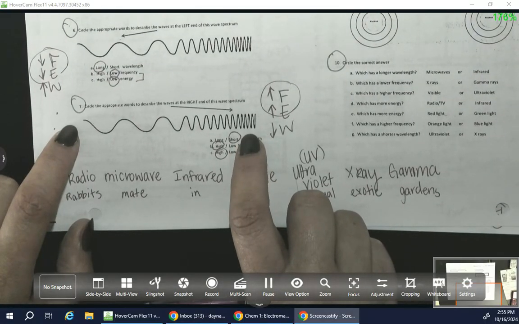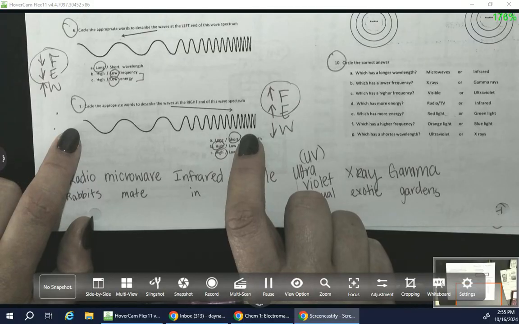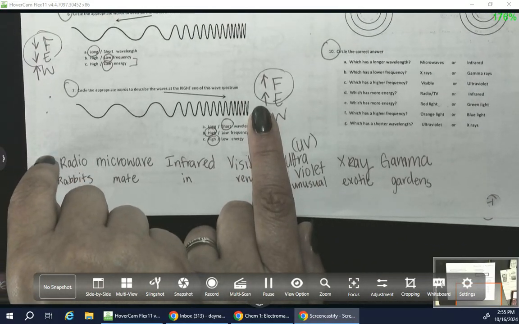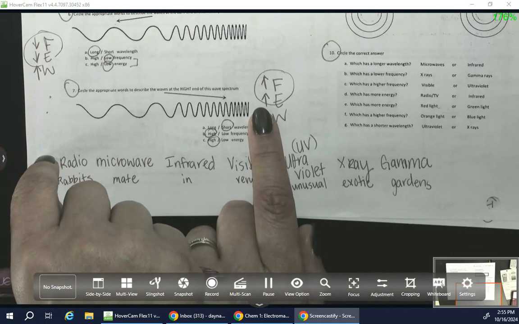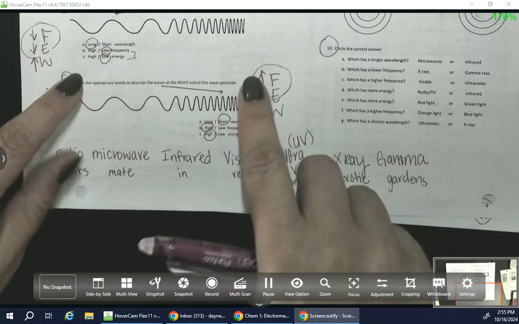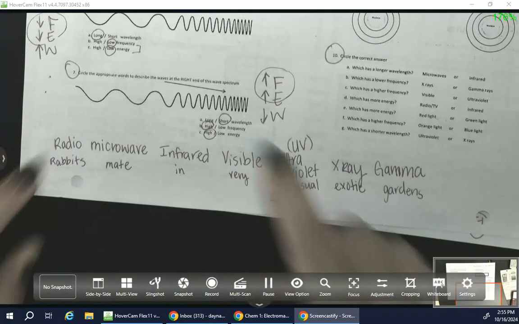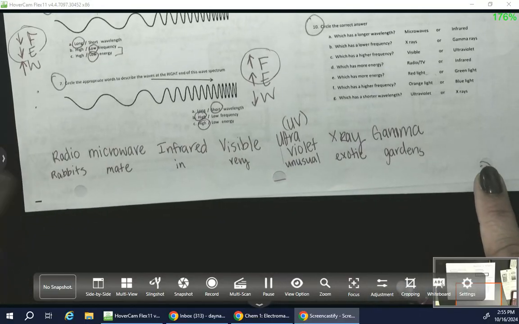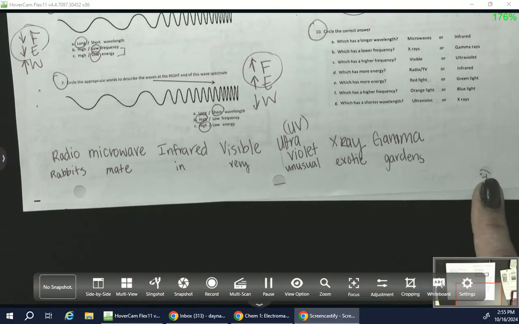Meaning, if on your test or on the quiz, I have this reversed, is it starting with radio still? No. All right? So, it's important that you know that this picture matches to these words in this exact order. Okay? That's the whole point of that.